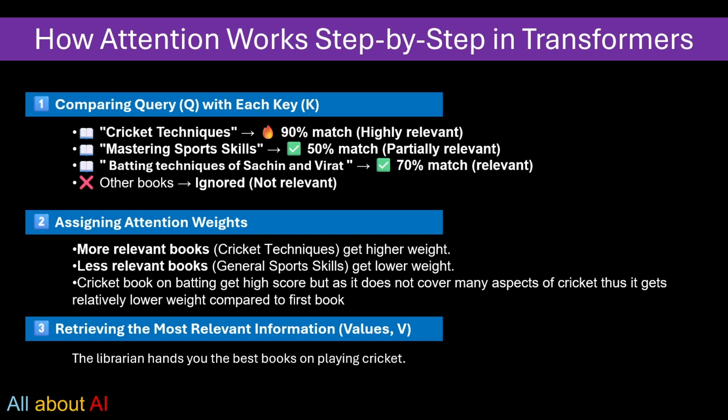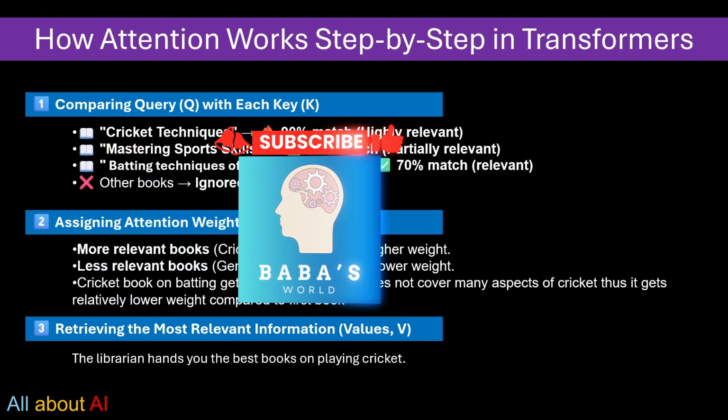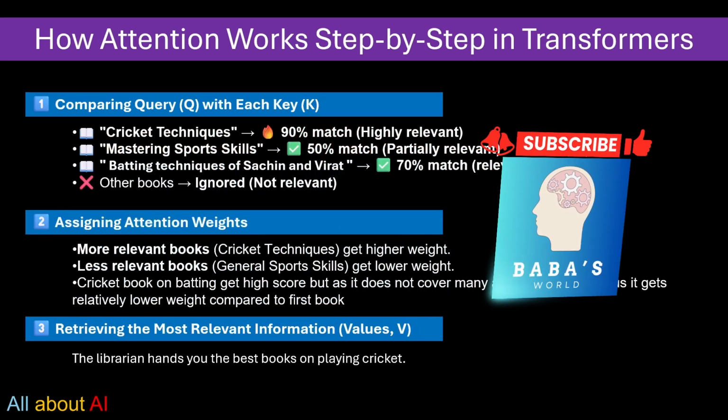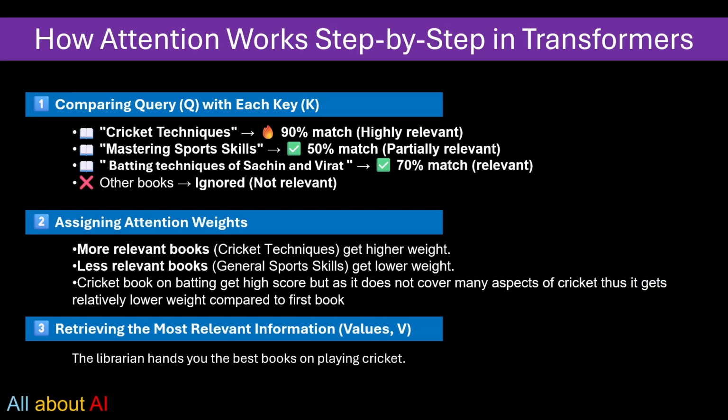The attention mechanism assigns higher weights to words like cricket, just like choosing the right books. It ignores unrelated words like he or great, just like ignoring books on theatre. By doing this, the transformer ensures that plays is interpreted correctly in the context of cricket, rather than acting in a play or playing an instrument like piano.